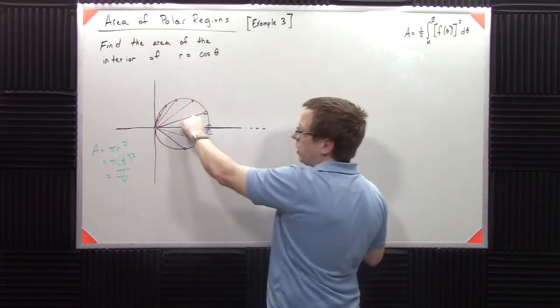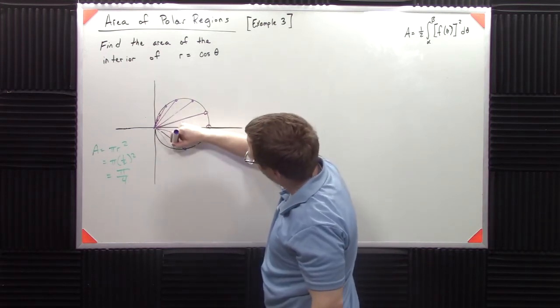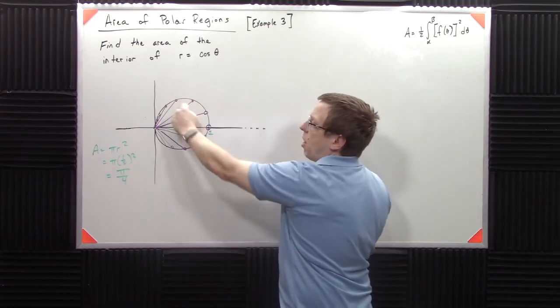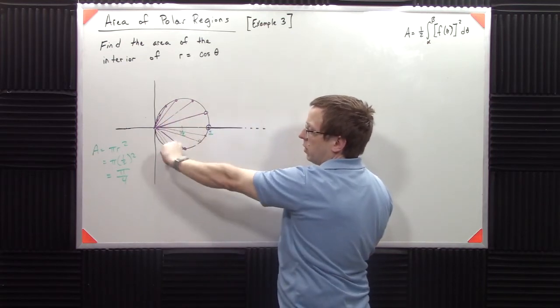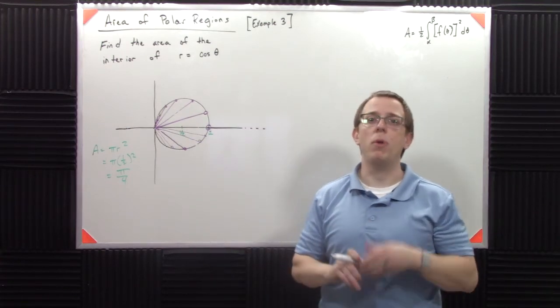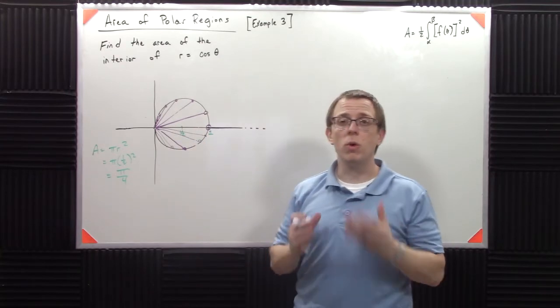Well, I notice if I go to negative pi over 4, it comes out. So if I go through these angles, viewing them as positive angles and negative angles, I end up with a positive radius every time. So why is that important?